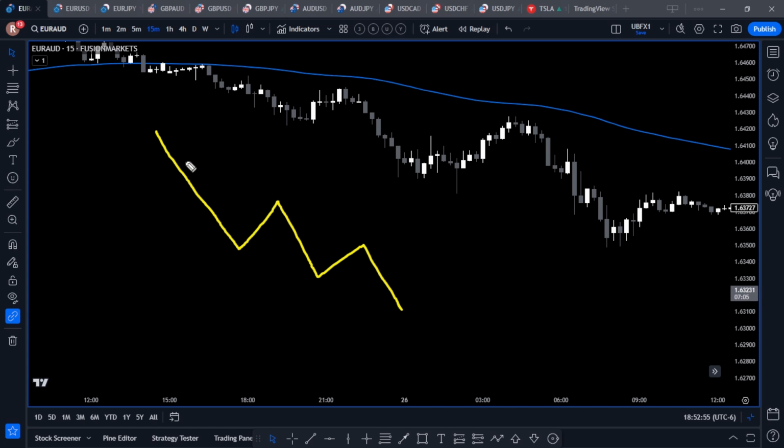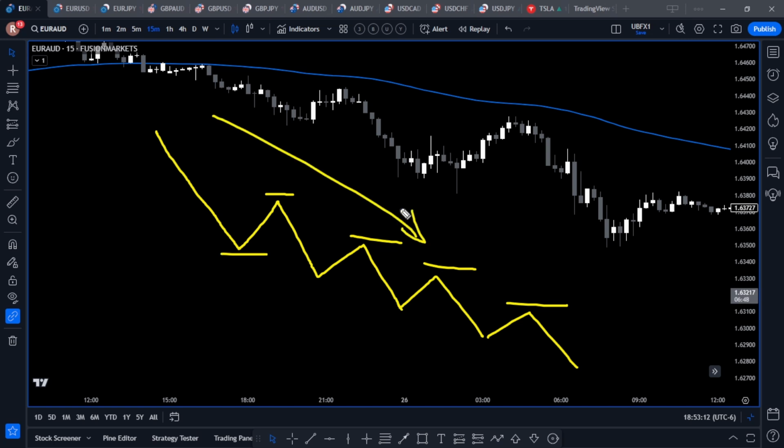When we have a downtrend, we are going to make a high that is followed by a lower high, and that will be the case almost all the way down that trend. It will make lower lows, but ultimately in a downtrend, we're going to see that the highs are lower than the previous highs. So we want to keep this in mind.